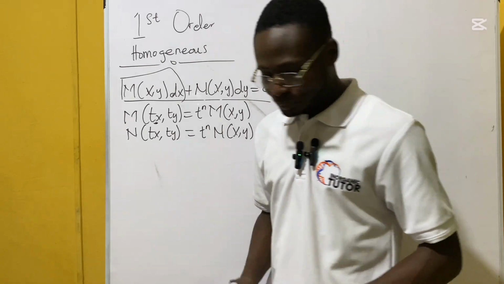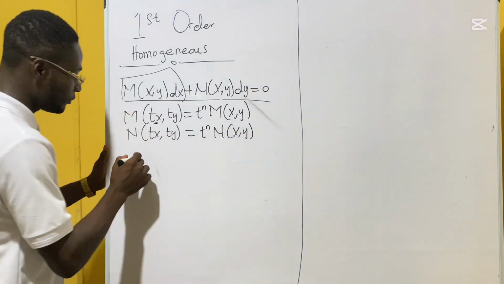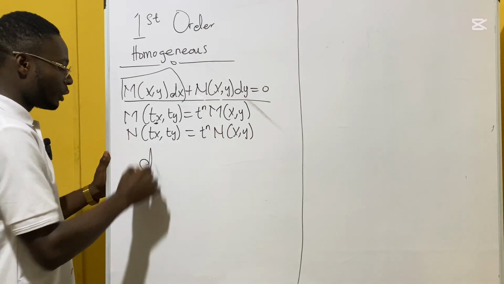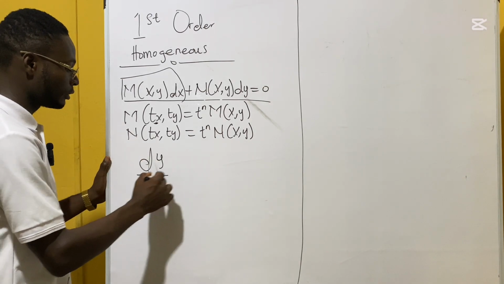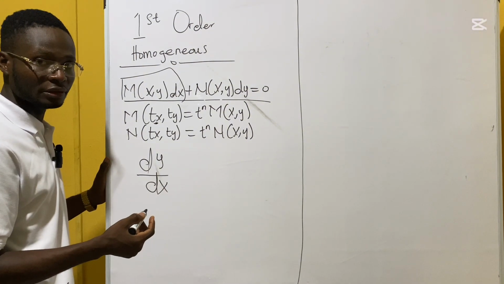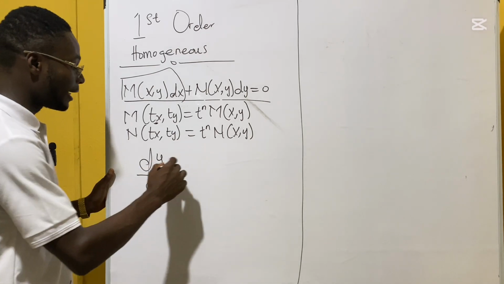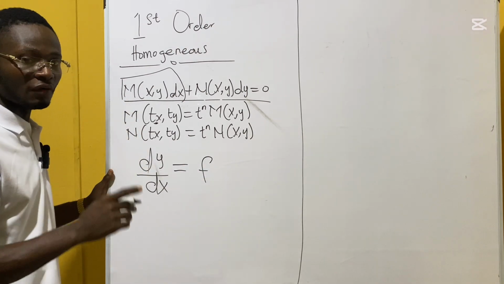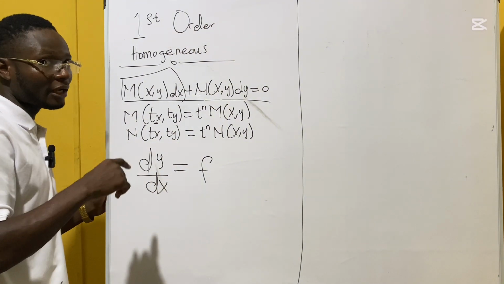So the function has to be in this form for it to be homogeneous. We have the differential of a function of two variables with the same degrees. They all have the same degrees, and that should be equal to a function of y on x.